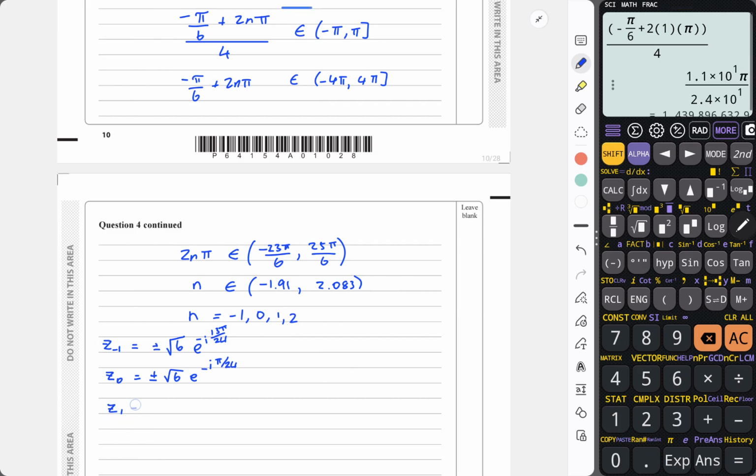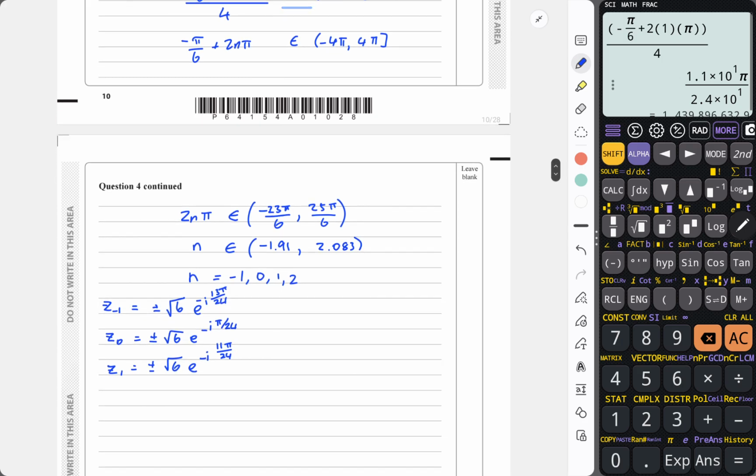So z when n was equal to 1 is plus or minus root 6 e to the minus i 11 pi over 24. And then z when n was equal to 2 is going to give me plus or minus root 6 e to the minus i 23 pi over 24.